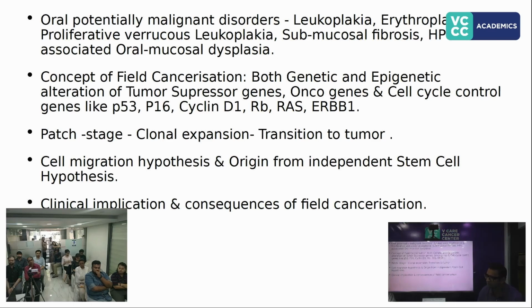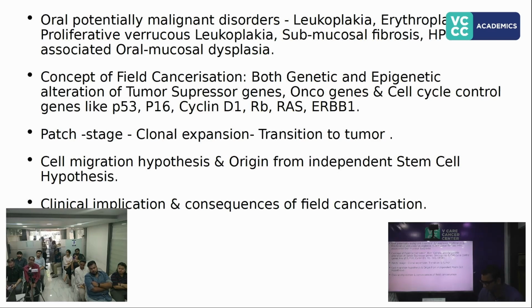Field cancerization is a very well established fact, which shows that there is a transformation of the pre-malignant lesion to frank malignancy, and sometimes this pre-malignant lesion is not morphologically well established. There are genetic-level abnormalities present in these pre-malignant conditions.